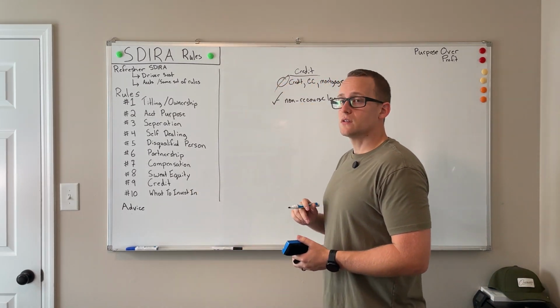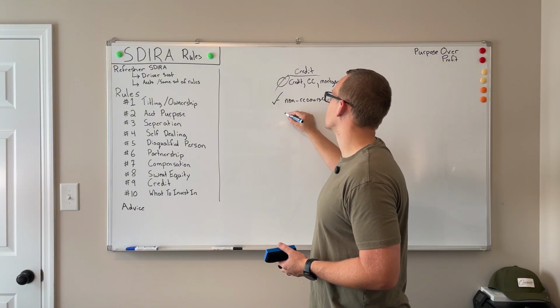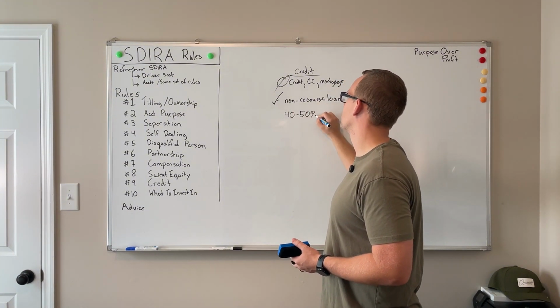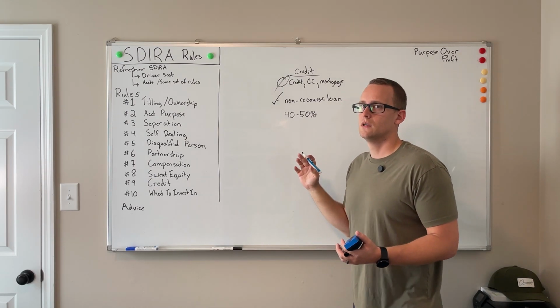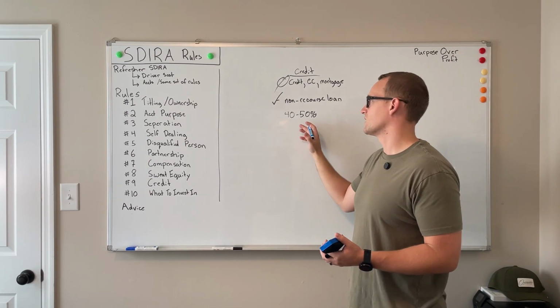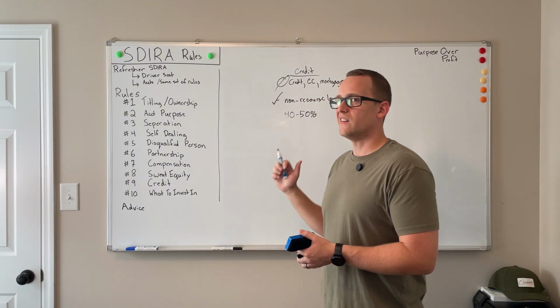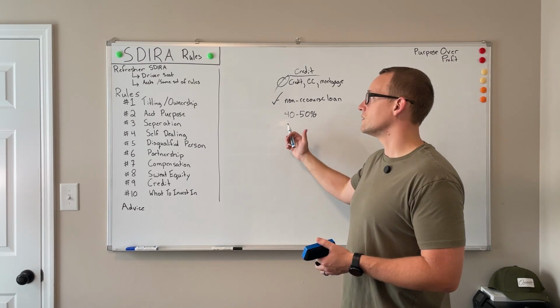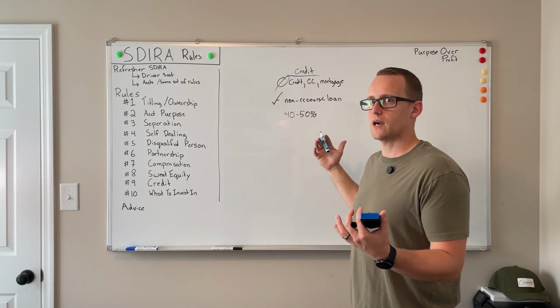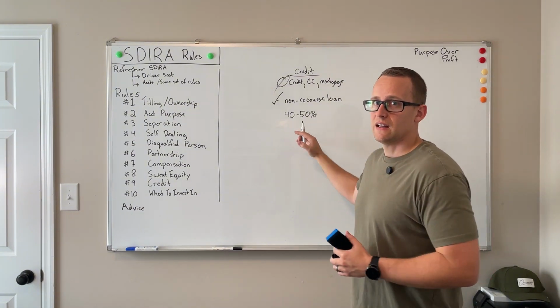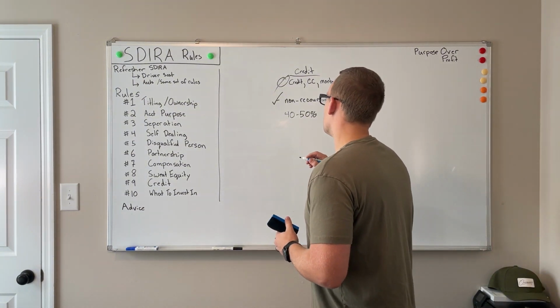Now with a non-recourse loan, that down payment is going to be 40 to 50% on average. That's a lot of money. Especially as an investor, that's going to kill your cash flow. That's going to kill your return. So not exactly ideal. Granted, you'll still get a piece of real estate within your retirement account. That's awesome. But from an investor mindset, that's painful. That's brutal. I wouldn't want to do that.